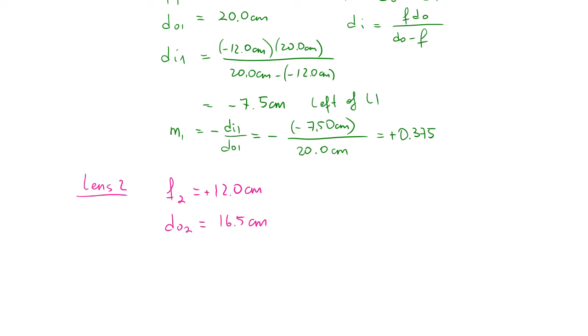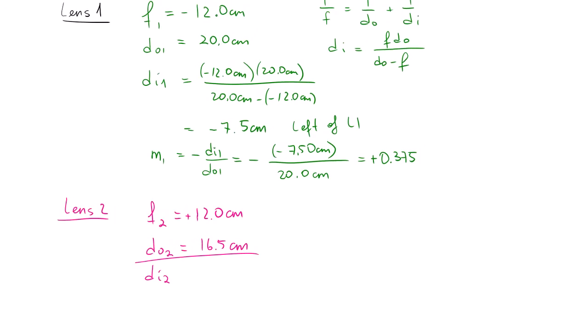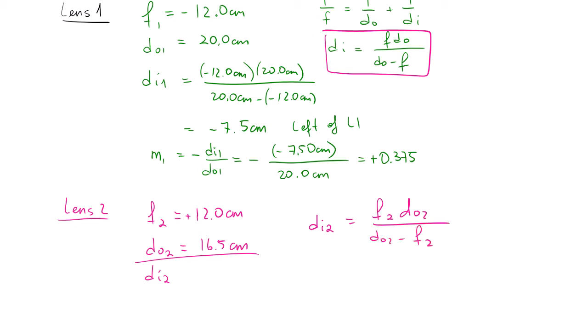And then again, I'm going to find the distance of the image for the second one, which is the final image. So I'm going to use the same equation as we found earlier for distance of the image. DI2 equals f2 DO2 divided by DO2 minus f2. So let's plug in the numbers here.